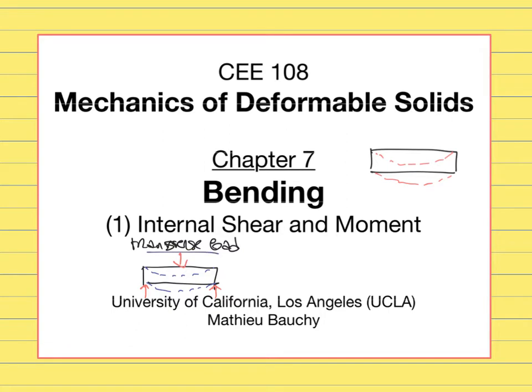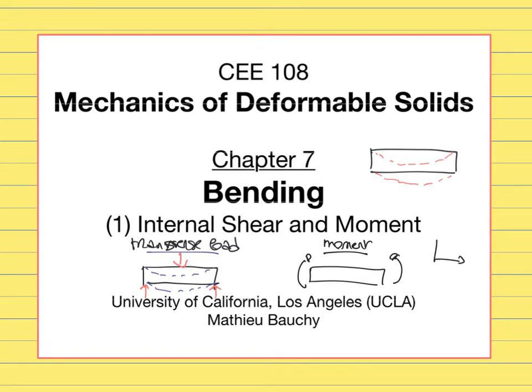This is a case where you have an actual loading that is applied orthogonal to the longitudinal axis of the beam. And another way to induce a bending deformation is to apply a moment. In this case, we are not talking of the same kind of moments that we talked about in the torsion chapter. We are not talking about a torque. We are talking about a moment that is applied within the xy plane.